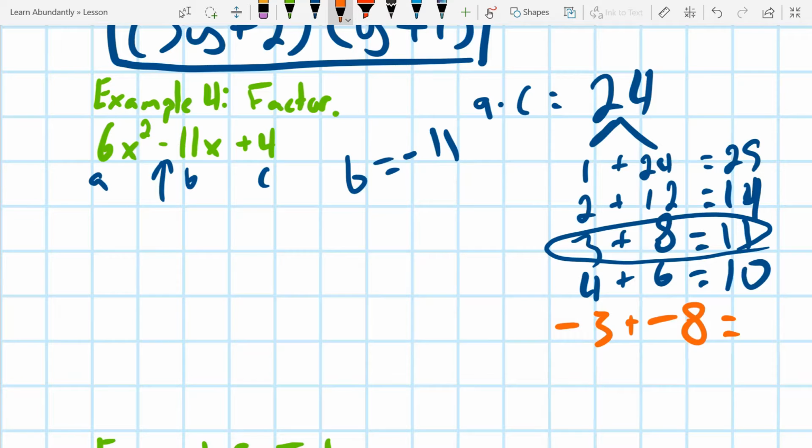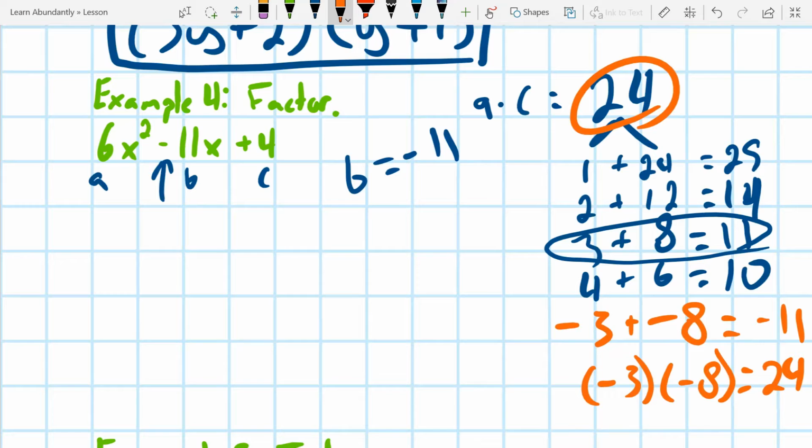If we add those up, we get negative 11. Do we still get positive 24 if we multiply 2 negatives together? Yeah.